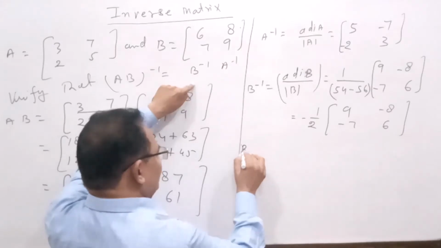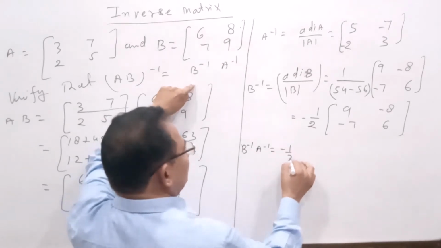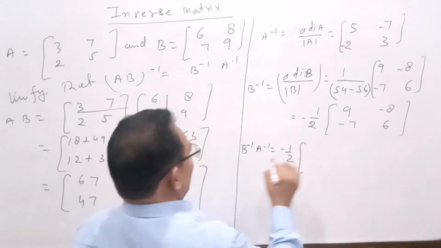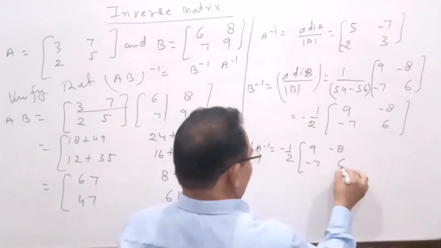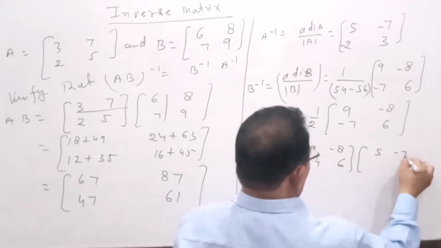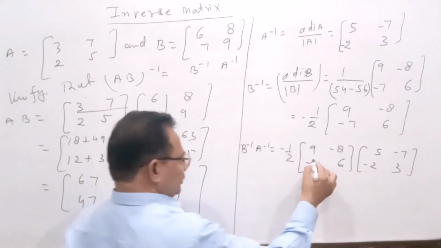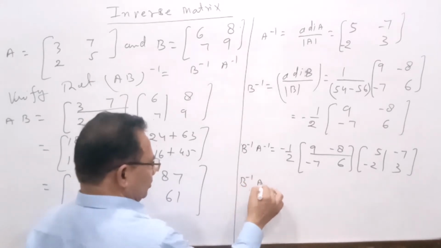So there it is, B inverse into A inverse is equal to minus 1 by 2 into B inverse 9 minus 7 minus 8 6 and 5 minus 7 minus 2 and 3. Again we multiply by row and column.